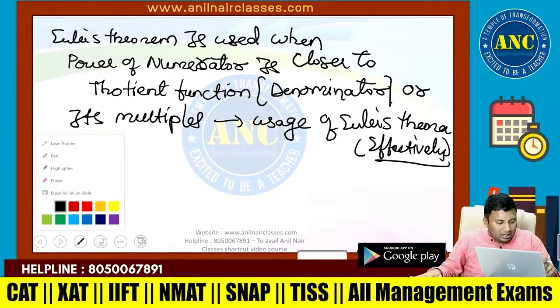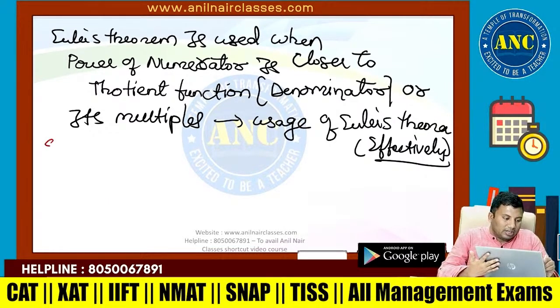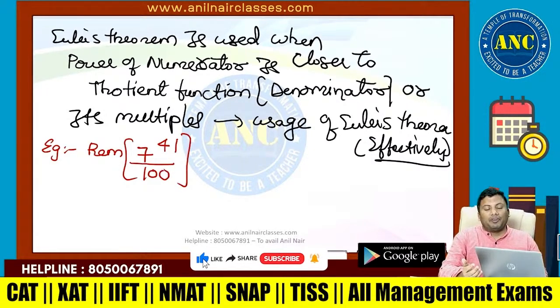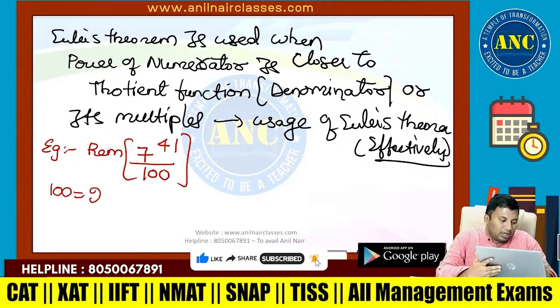I will take 2 examples so that it will be clear for you. Remainder of 7 power 41 divided by 100. 100 is nothing but 2 square into 5 square.